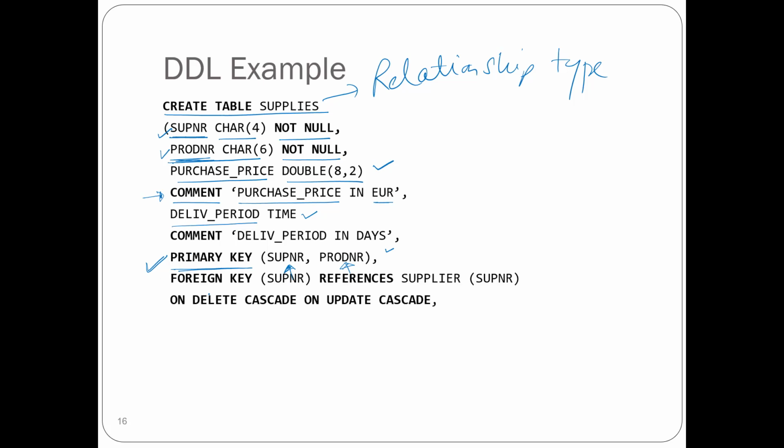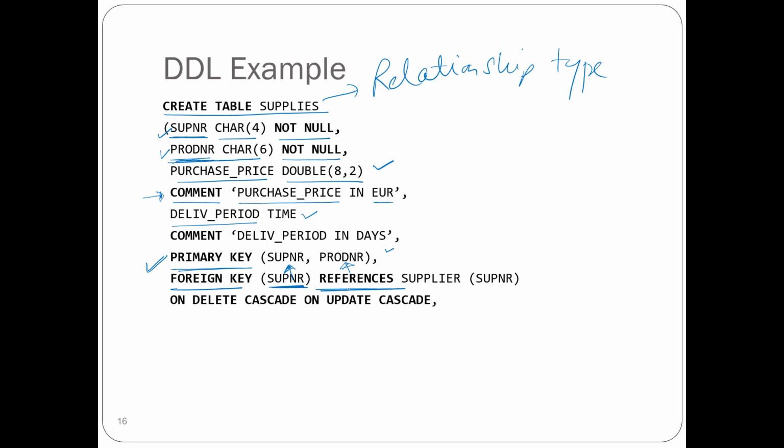Fine. So we'll say foreign key sub nr, which means that the sub nr column that we have is in fact a foreign key. Similar to the way we did for primary key, we say foreign key, and inside the parentheses we put the name of the column, which is sub nr. And then this sub nr column references, because a foreign key references a primary key of a different table.